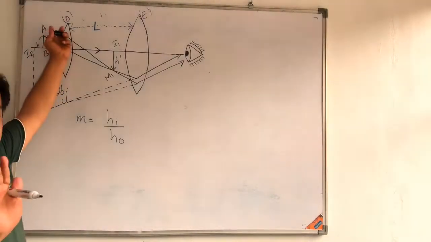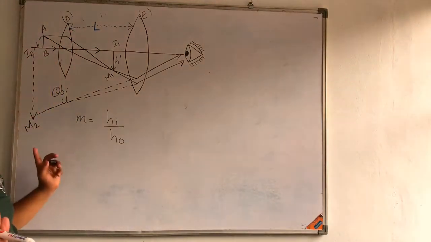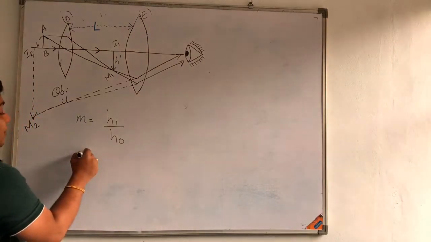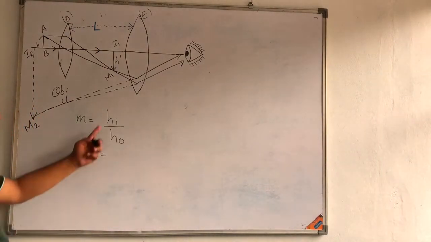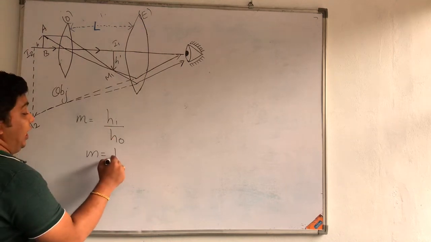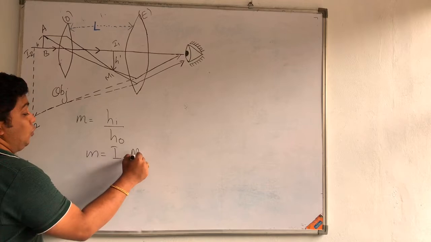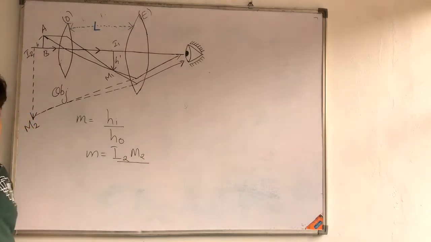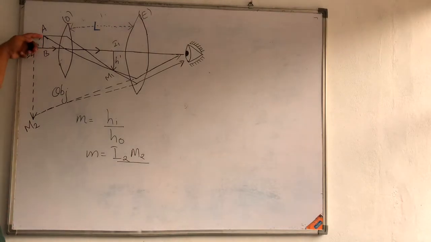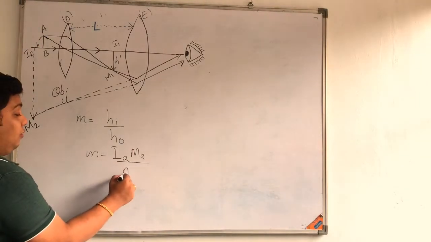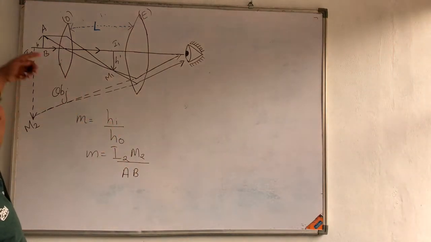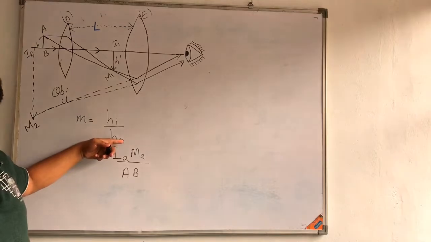So M is equal to the image height I2M2 divided by the object height AB.